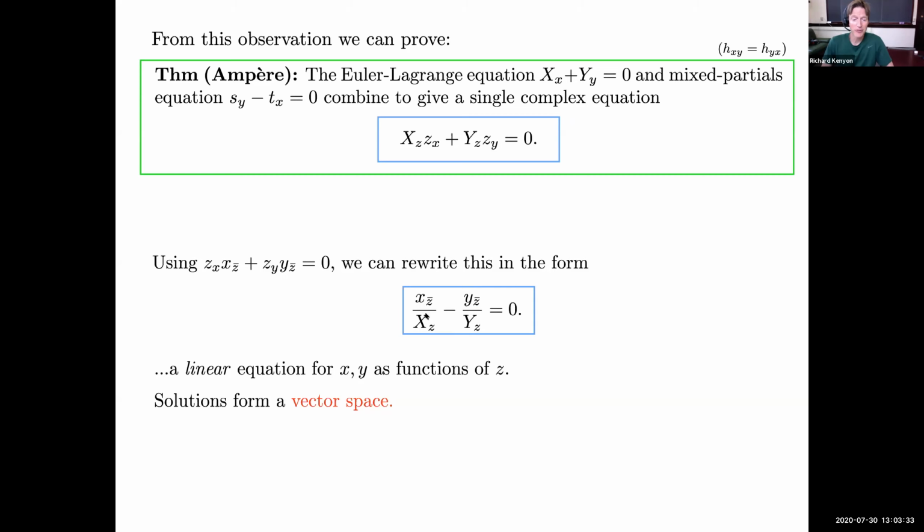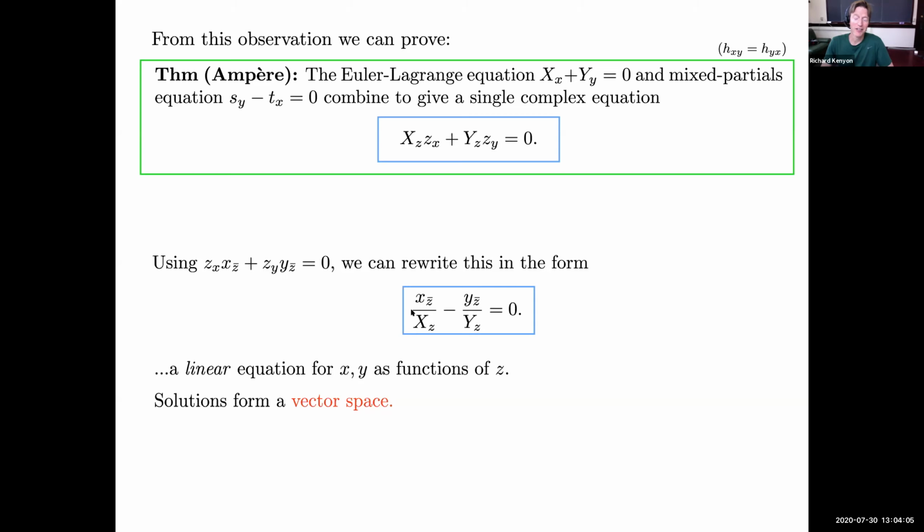But now the interesting thing is that the coefficients here, capital X_z and capital Y_z, do not have little x and little y appearing in them. So this is just a linear equation. It's a linear first order differential equation for x and y as functions of z.